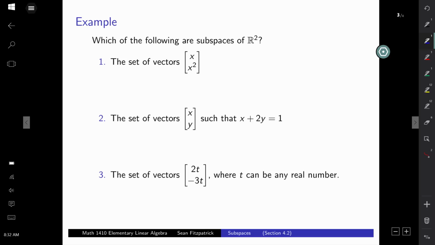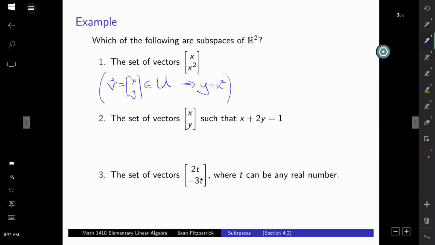All right. So first thing we're going to do is check some subsets of vectors in R2, and we want to understand whether or not these are subspaces. The first one is the set of all vectors of the form x and x squared. In other words, if v equals x, y is an element of U, this implies y must be equal to the square of x.